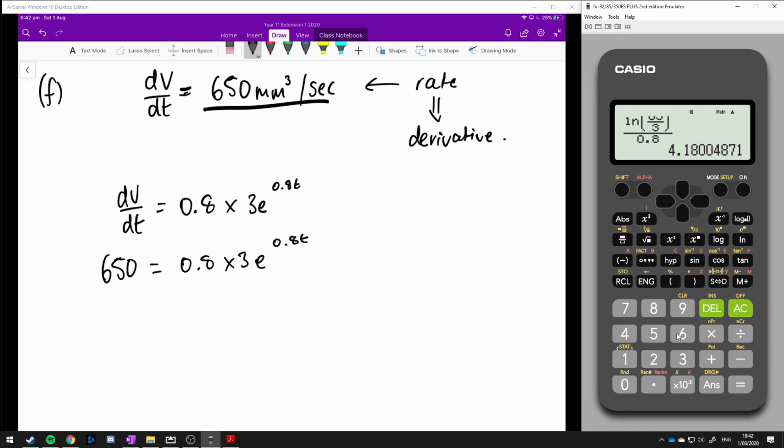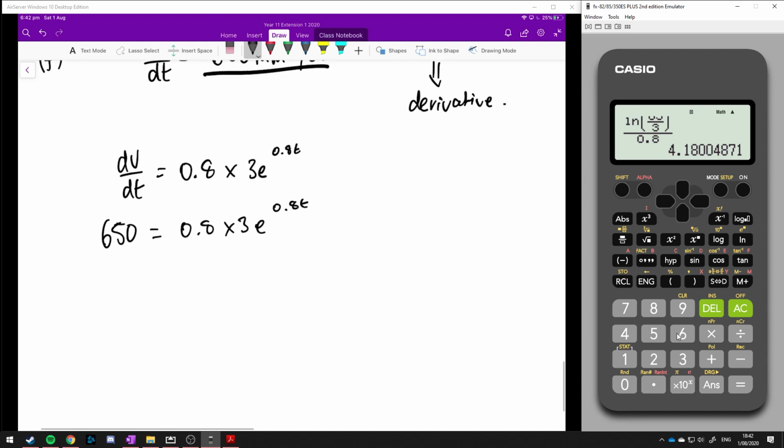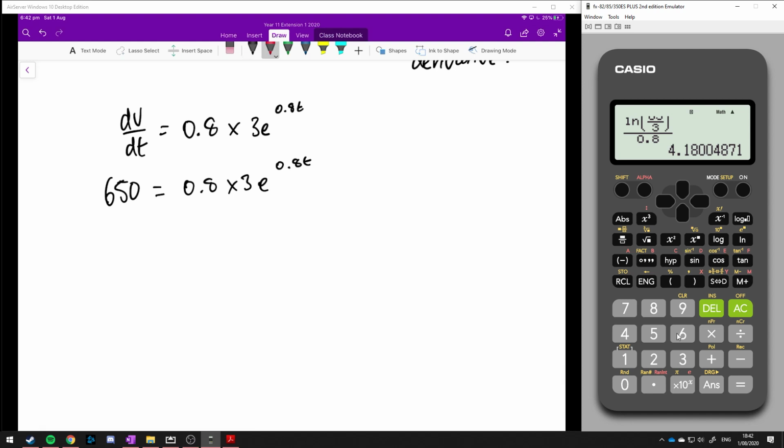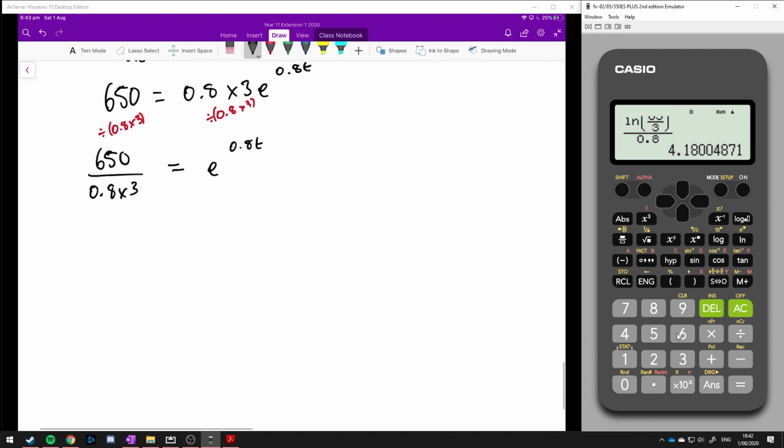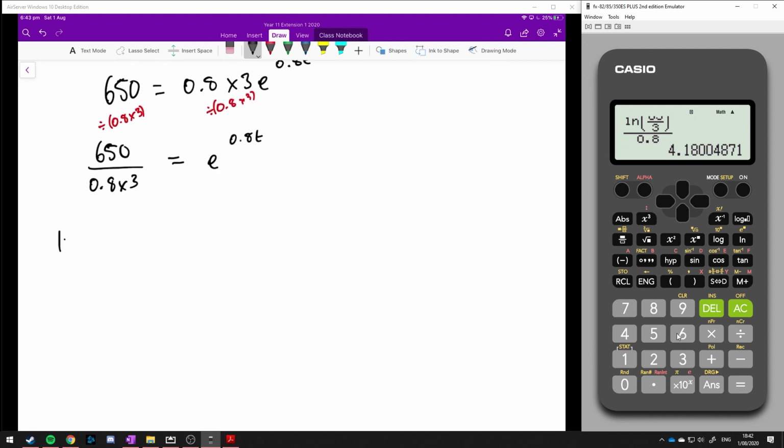Okay, and we're going to follow the same steps as we did before because we had another exponential. So we're going to divide both sides by 0.8 times 3, in brackets by the way. By doing that we get 650 over 0.8 times 3 is equal to e to the 0.8t. Again, we take natural logs of both sides, so log of 650 over 0.8 times 3 is equal to the natural log of e to the 0.8t.